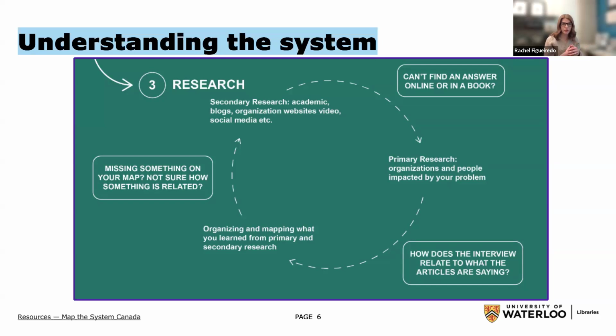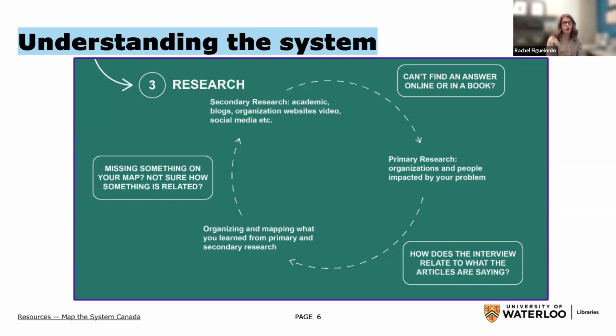And so it doesn't have to necessarily be academic information, although we are going to talk about that a little bit today. But they talk about how secondary research, this research that's already been published, really ties into primary research. And so that's the kind of information that I was talking about before.